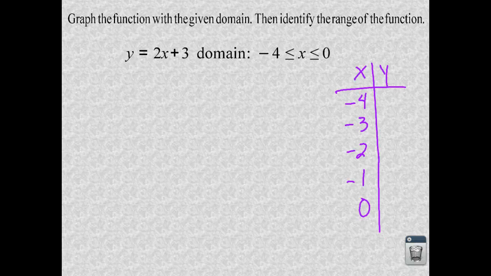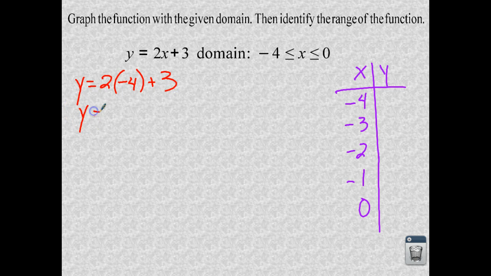All right, so let's just take 3 of these real quick. -4, so y is equal to 2 times my given domain value, plus 3. All right, so our first value is -5. Let's go with a second one.